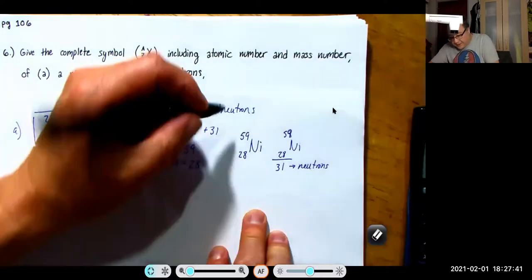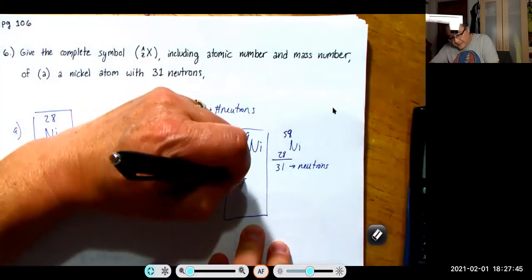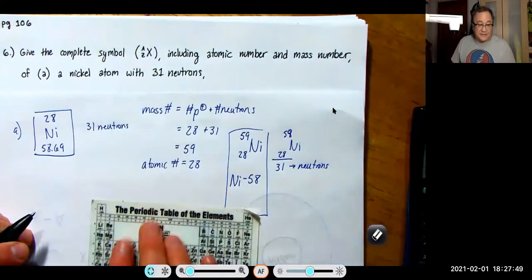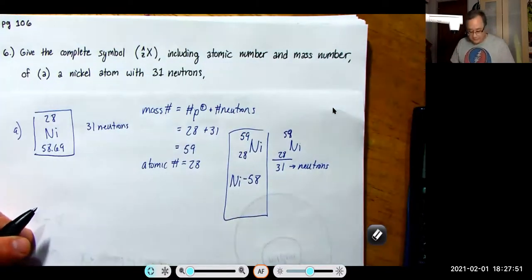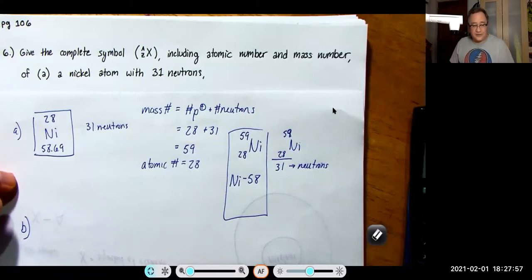The other way to write this symbol is as follows: nickel 59. And we don't write the 28 because you can look it up on the periodic table. So that is your answer to A for a nickel atom with 31 neutrons.